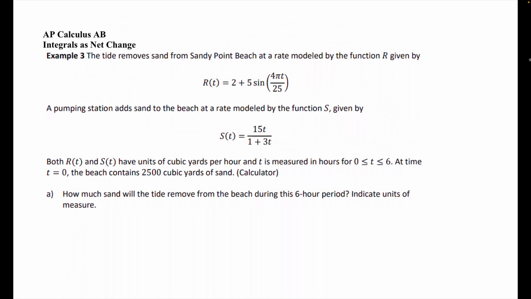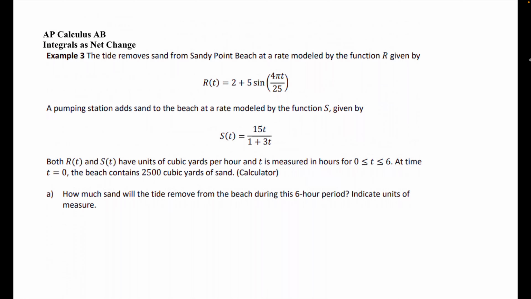The tide removes sand from Sandy Point Beach at a rate modeled by the function R. A pumping station adds sand to the beach at a rate modeled by the function S, given by that. Okay, so let's stop there. Sand is being removed from the beach because the rip tide pulls stuff in, right?